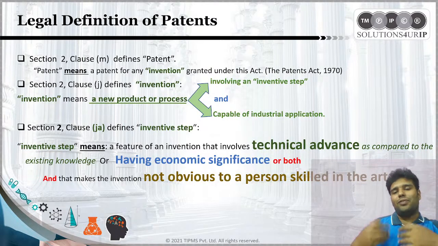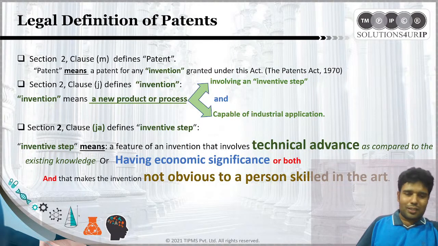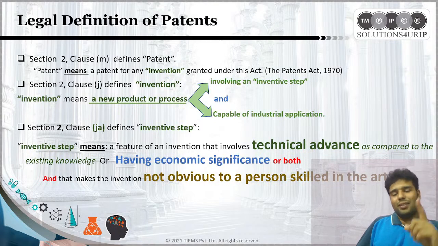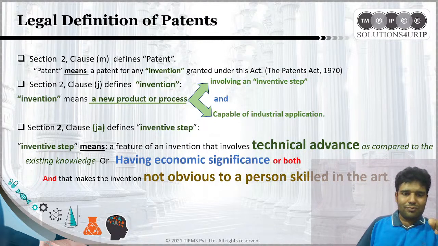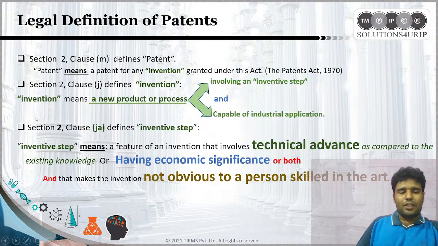So for invention, what are the criteria? It has to be, number one, a new product or process. That means novelty. Where is novelty written? It starts with section 2(1) clause j, wherein invention is defined.